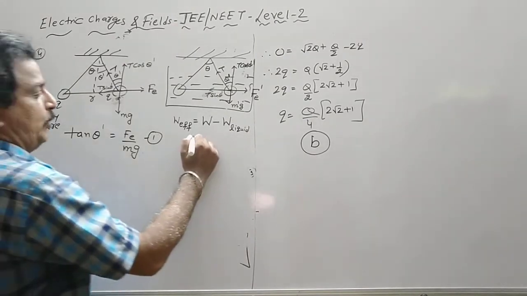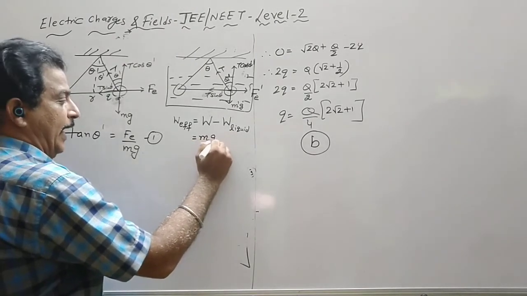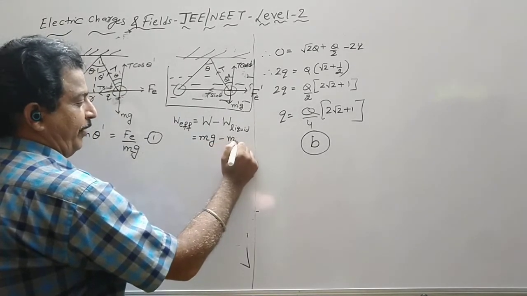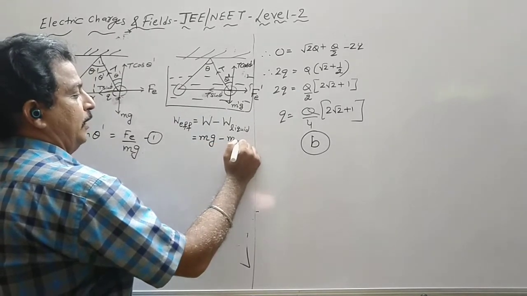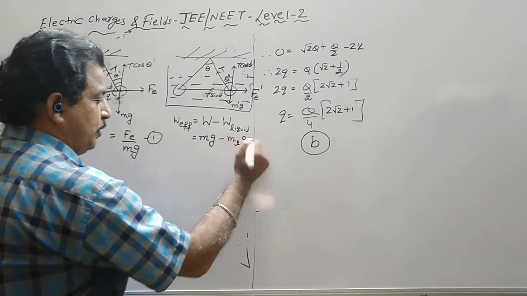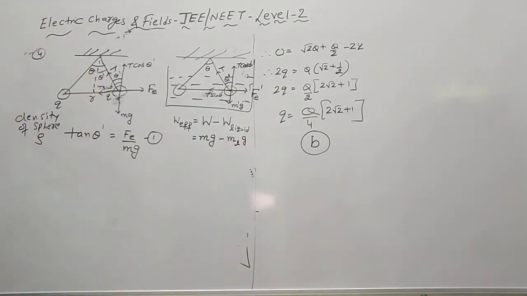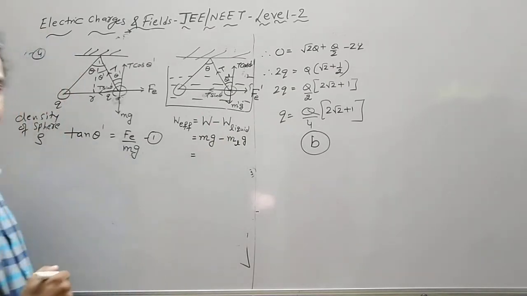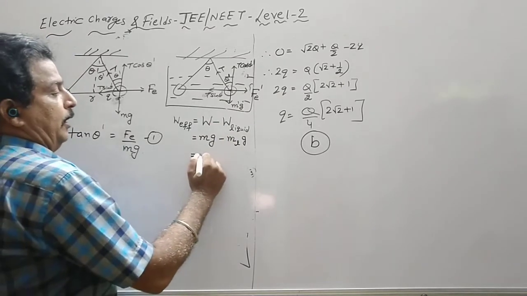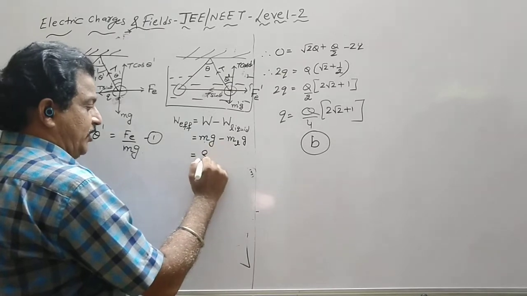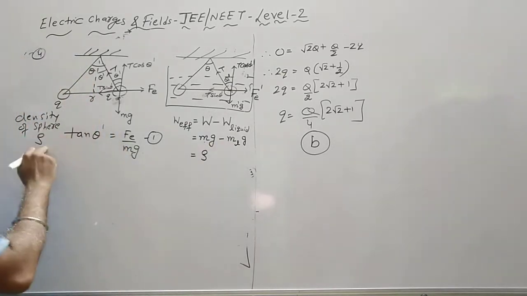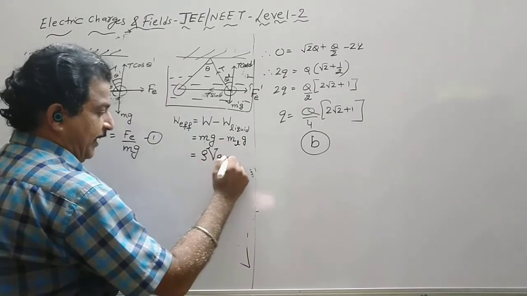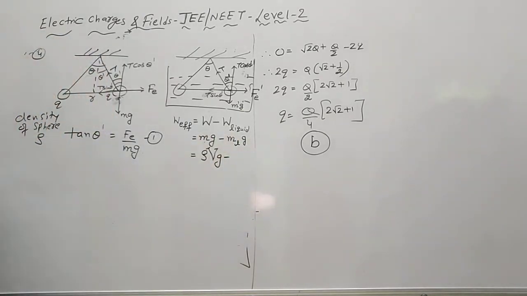So this is equal to mg minus mass of liquid into g. Instead of m I write density of the body, rho, times volume times g, minus the mass of the fluid.